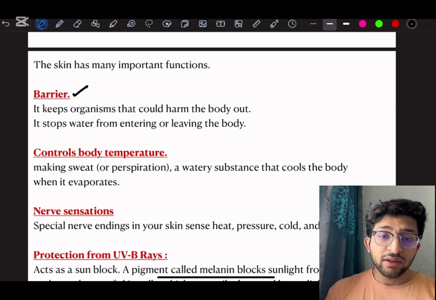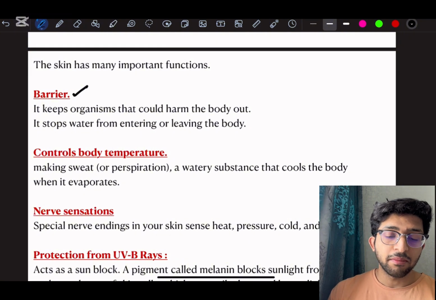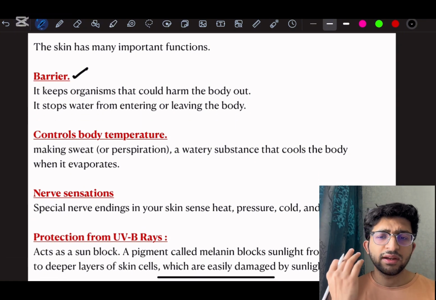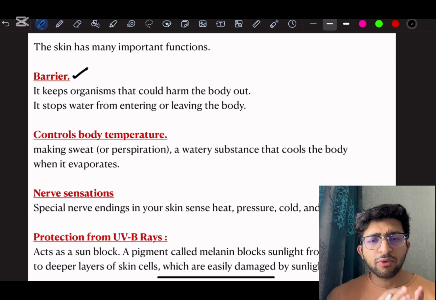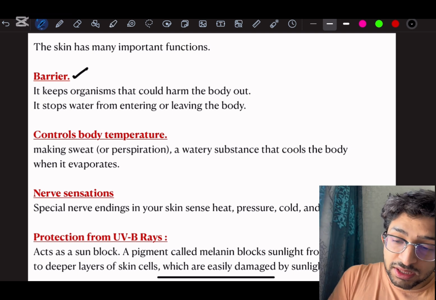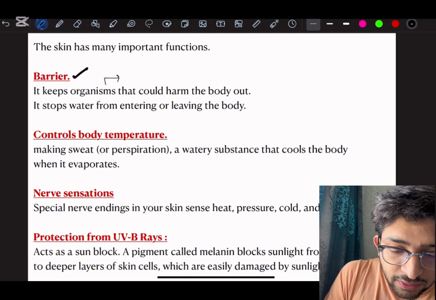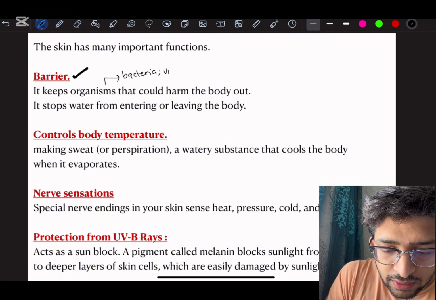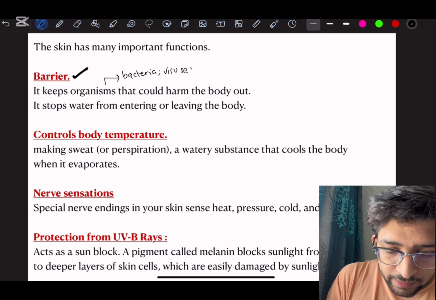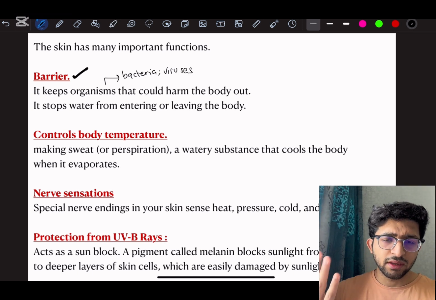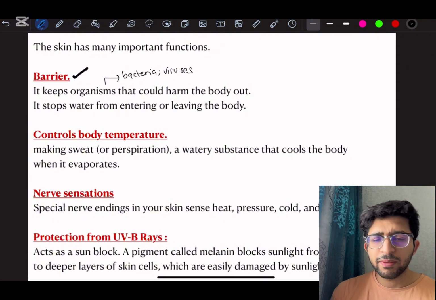Now let's discuss the important functions of the skin. The first function is the barrier. What does the barrier mean? The skin works as a primary protection from outside organisms such as bacteria, viruses and other microbes, and this prevents those microbes from entering our body directly.